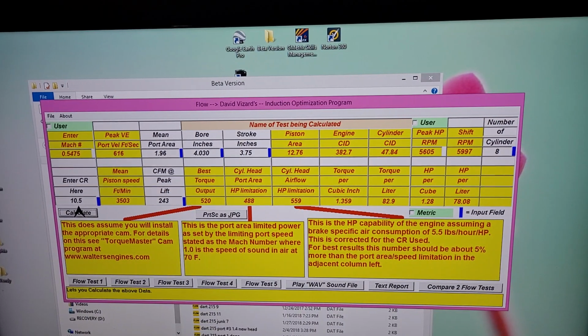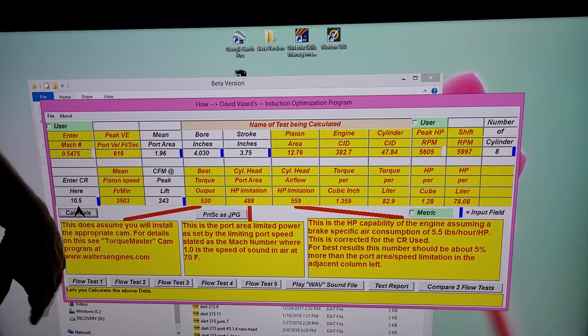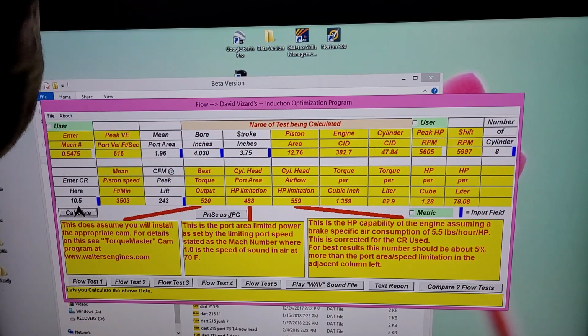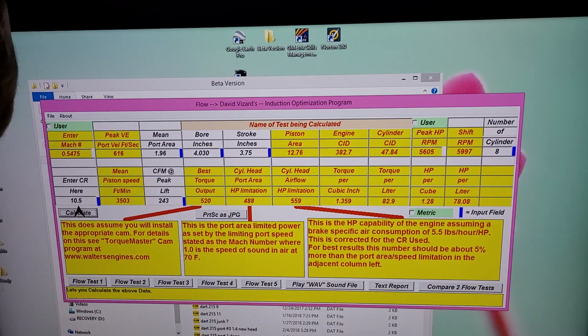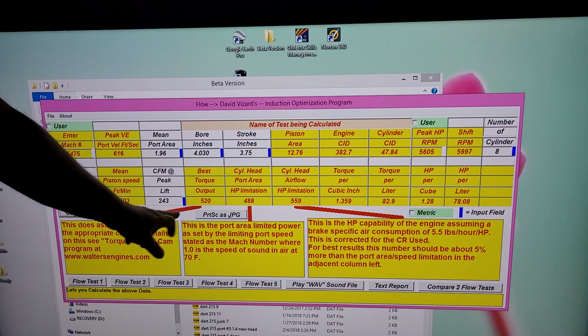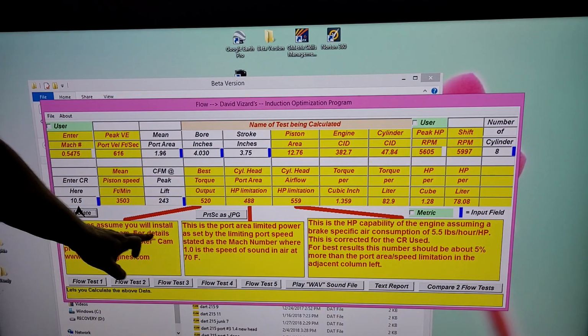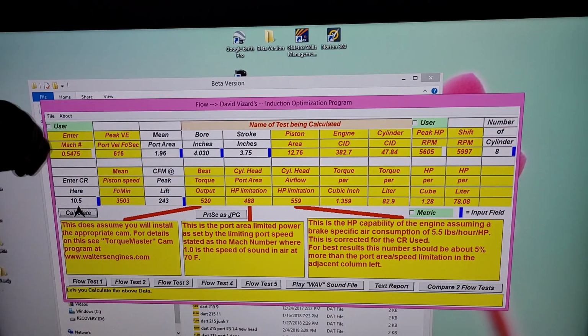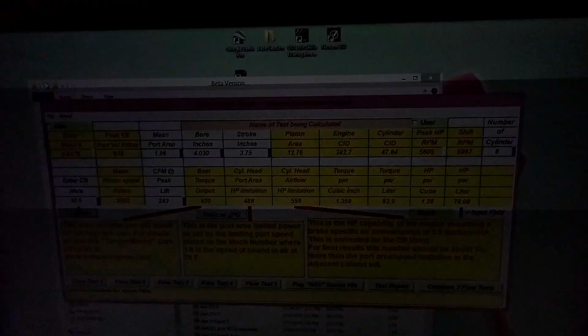We can go through a few things that are important on this. Mean piston speed, 3,500, no problem. Best torque output, 520. If you read these, this assumes you're using a cam that's right on the money, such as David Vizard's Torque Master cam program.